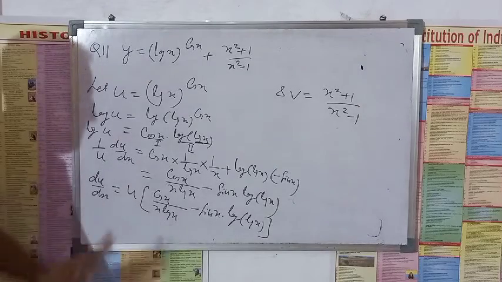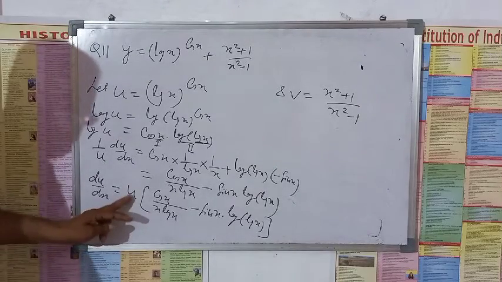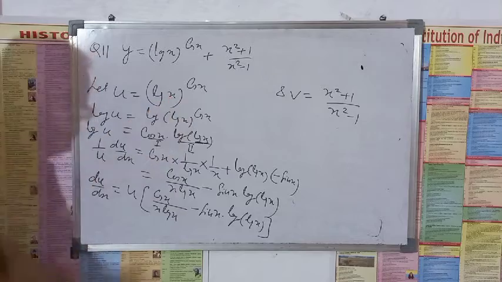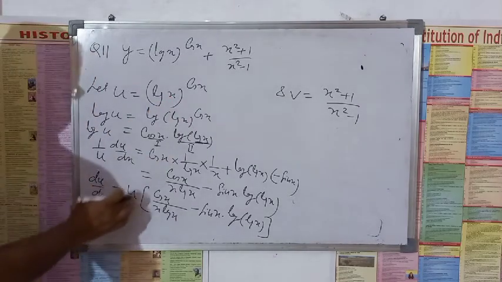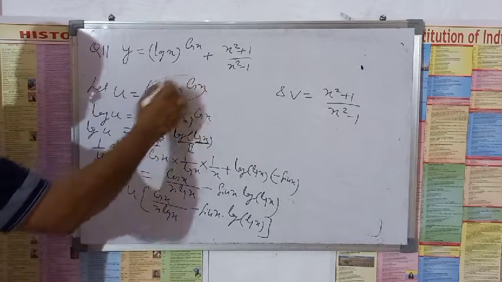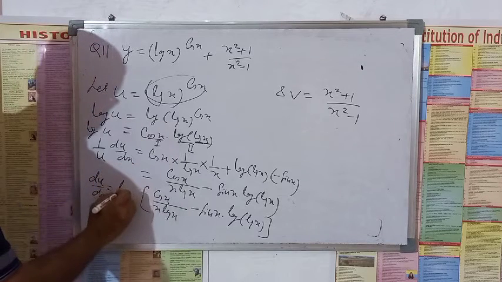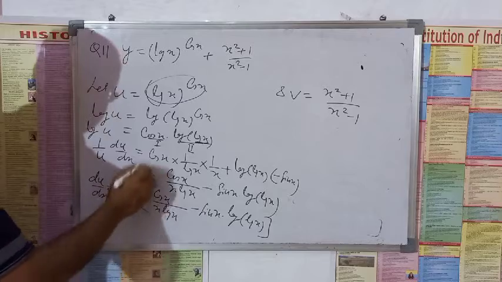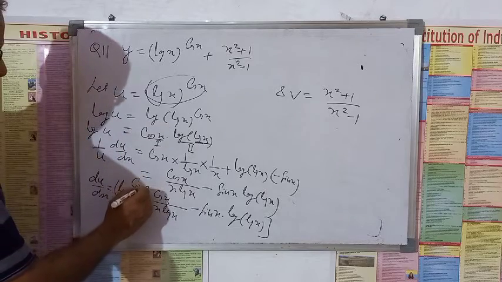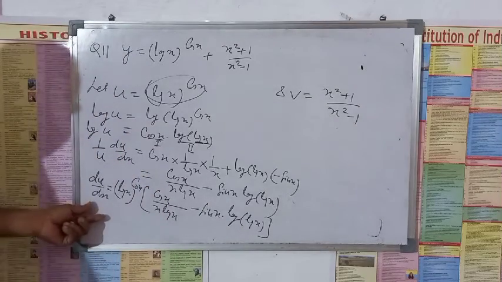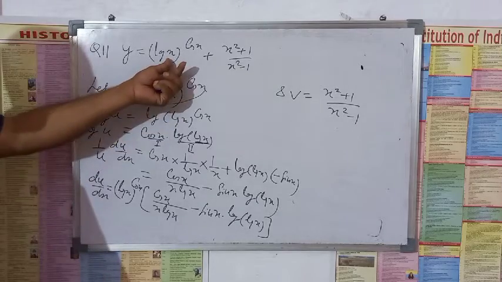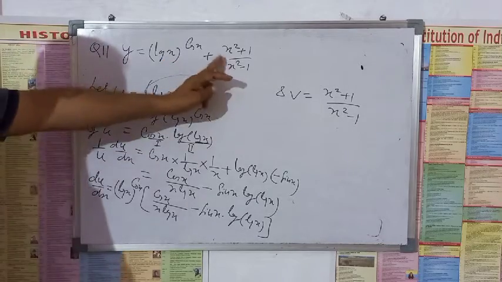So du by dx is this one. Now you can put u. What is u? In place of u, we have to put this value right here. It is (log x) whole to the power cos x. So this is du by dx, means derivative of the first one. Now we have to differentiate second one.